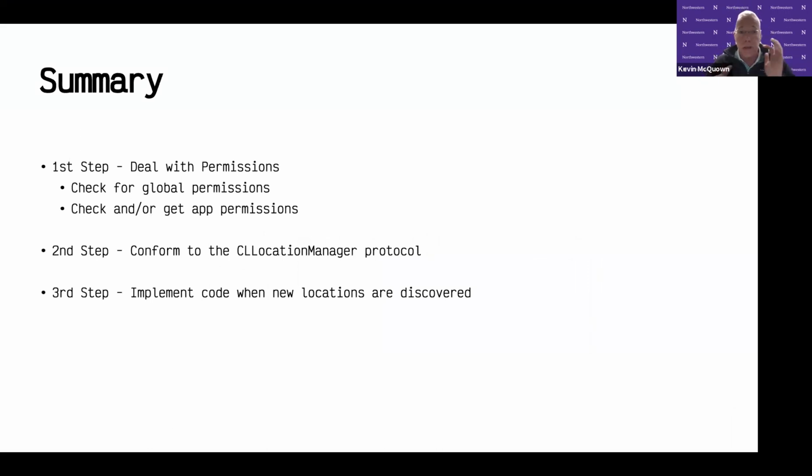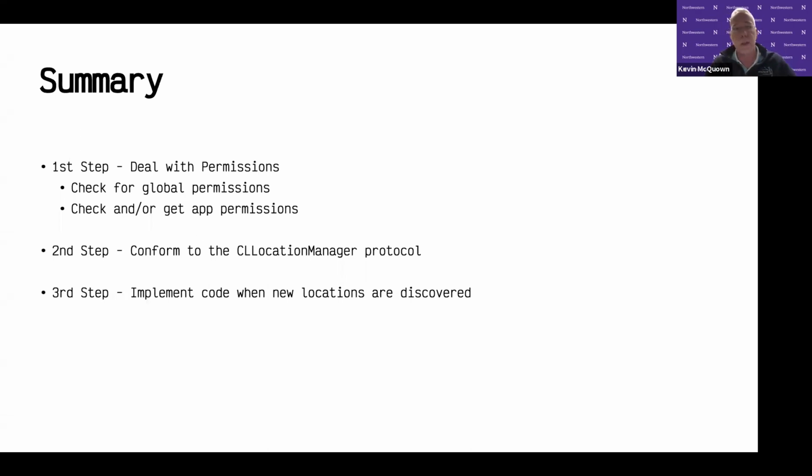So in summary, first step, deal with the permissions. That's the real pain. You've got to go through that. The other thing is that if users deny you, then you're denied. And so you have to manually, next time you launch and you know you're denied, say, hey, you really should go enable those services.